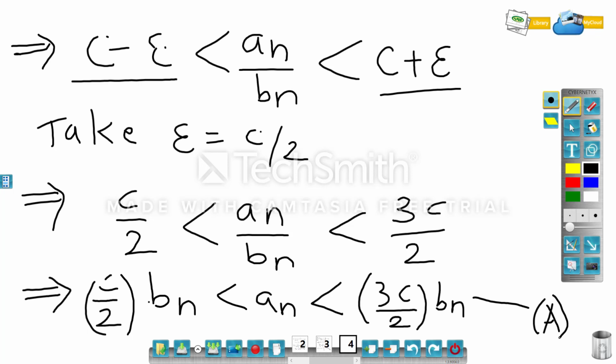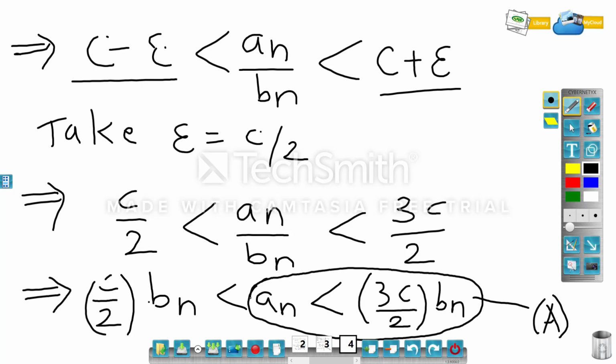Right. So now we have to prove the first part. So consider this part. If the series bn is convergent, then definitely 3c by 2 times bn is also convergent. And if we apply the comparison test, then we can straight away say that an is also convergent.